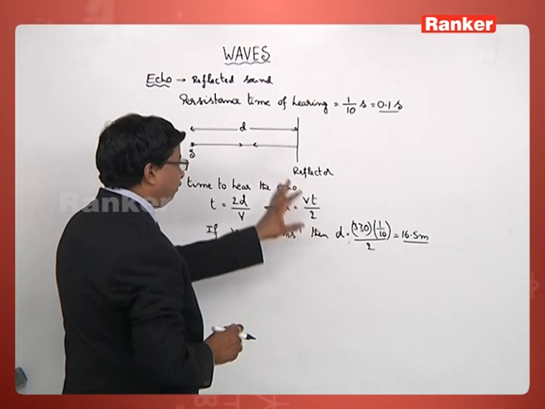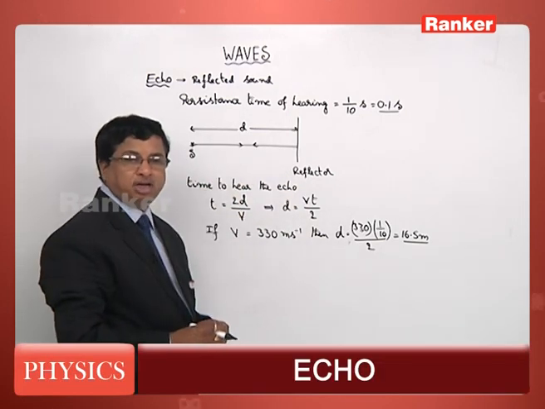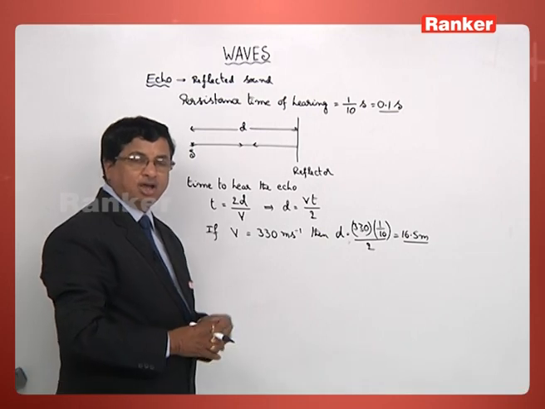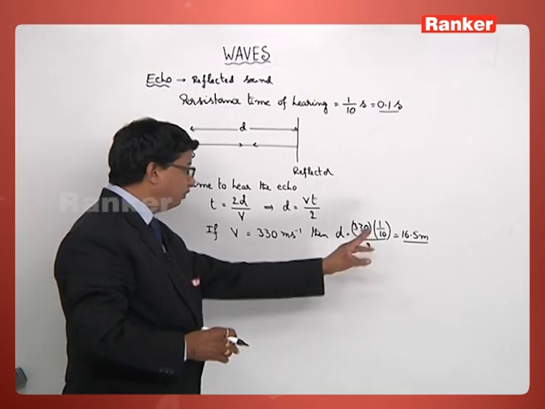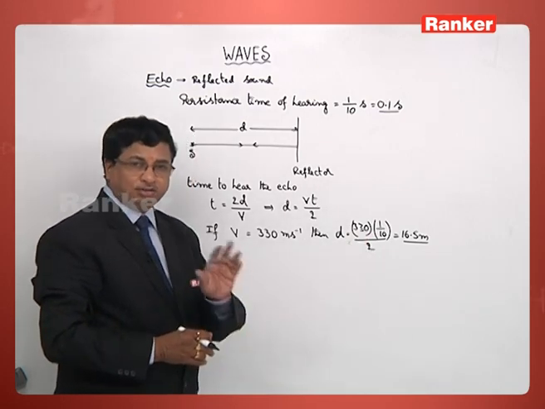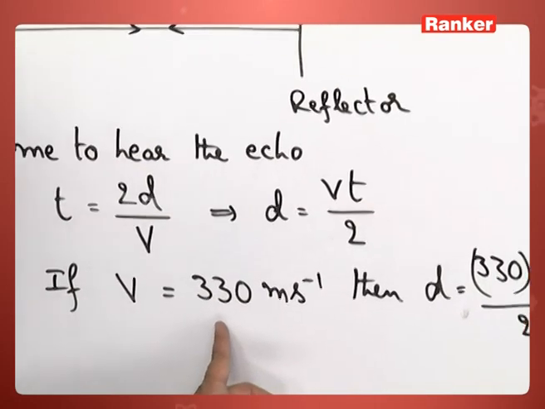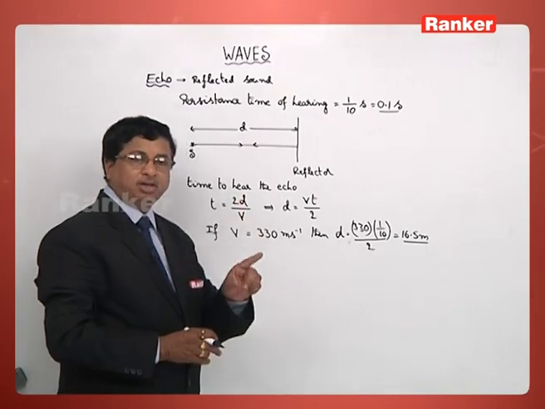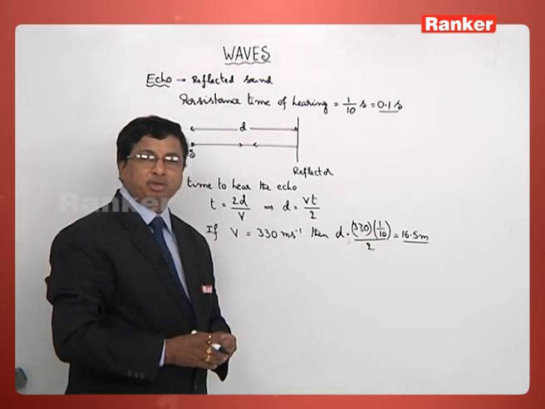So, the minimum distance to be maintained between the sound producing source and the reflector to hear a very clear echo is 16.5 meter, which is not a universal value. Only when we consider the speed of sound in that medium as 330 meter per second does it become 16.5 meter.